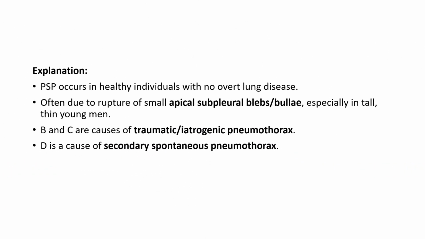Primary spontaneous pneumothorax occurs in young, tall, thin men who are otherwise healthy. The classic cause is the rupture of small apical subpleural blebs or bullae. Rib fractures and central lines would cause traumatic or iatrogenic pneumothorax. COPD causes secondary spontaneous pneumothorax and not primary.